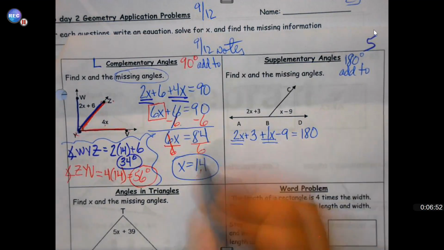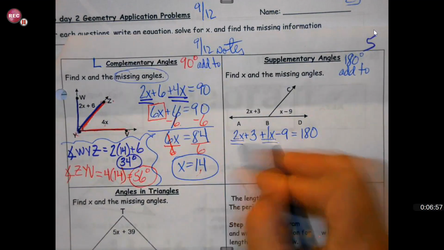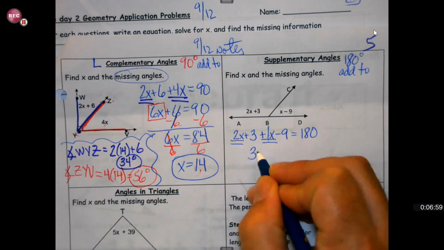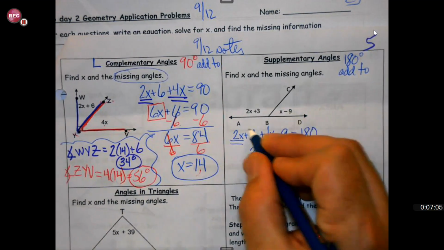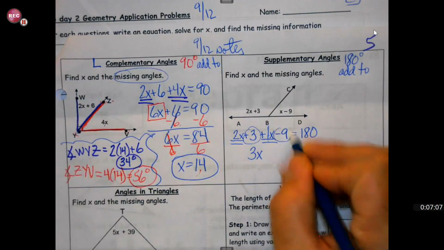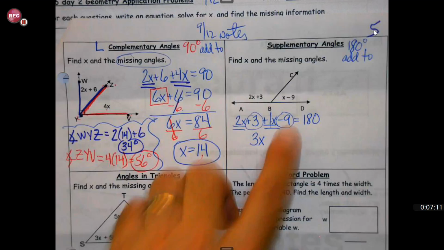Anything on the same side of the equals, I can go ahead and combine. 2 plus 1 is 3. This time we actually get to combine twice. But watch your signs. Combine doesn't mean, oh, it's 3 and 9, it's 12.